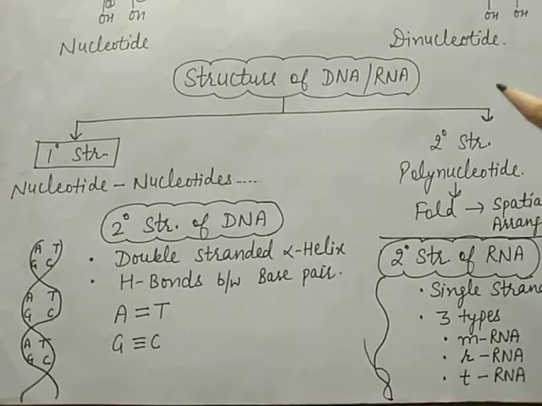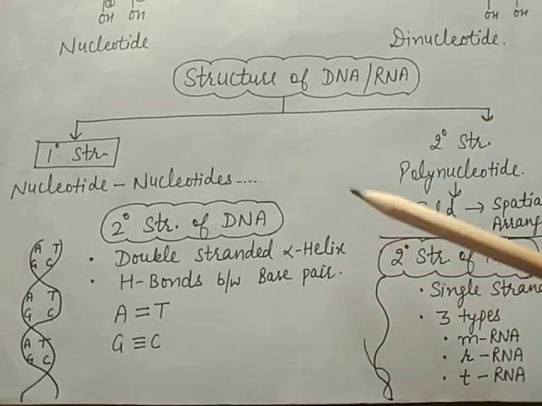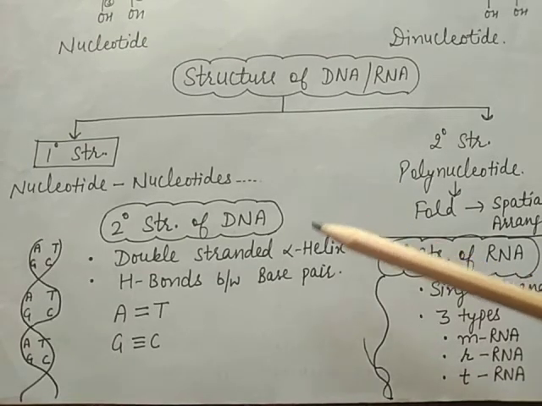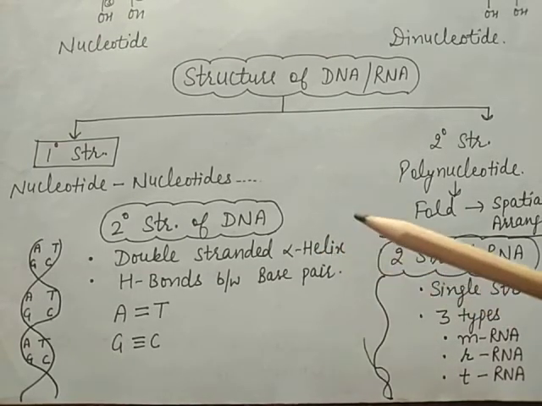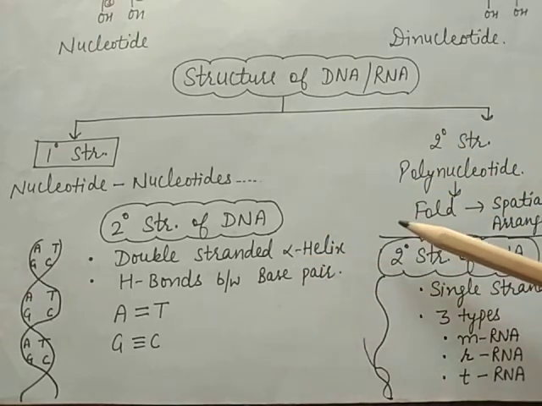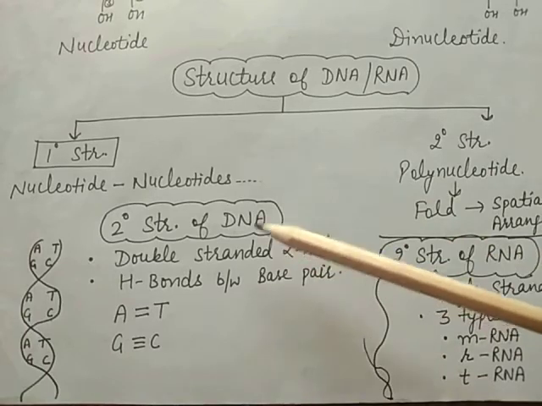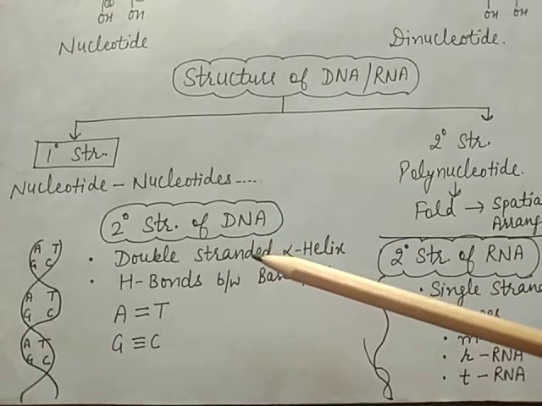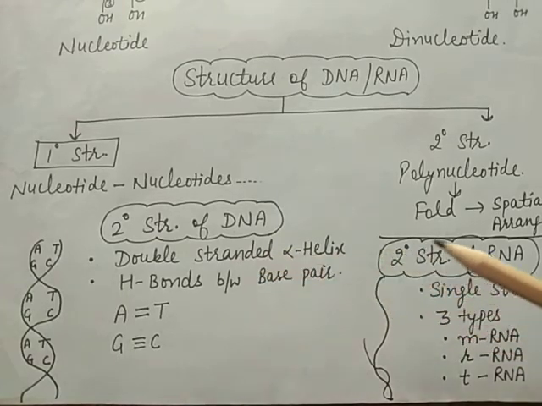Now the most important question is: what are the important structural and functional differences between DNA and RNA? First, structural differences. The sugar present in DNA is 2-deoxy-D-ribose. The sugar present in RNA is D-ribose.